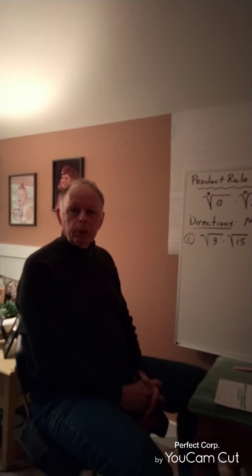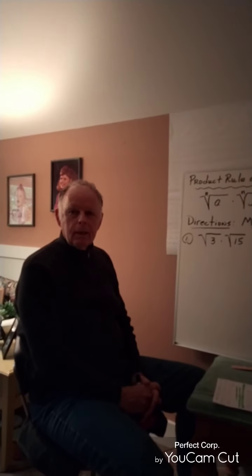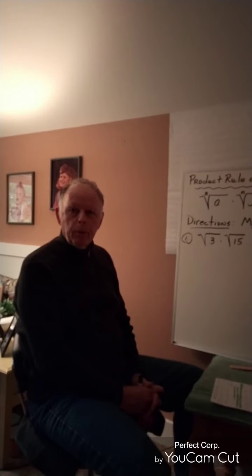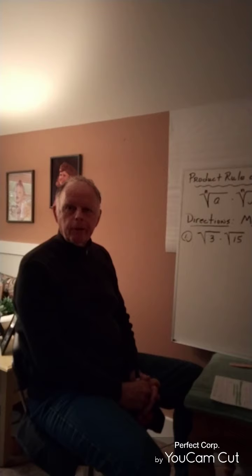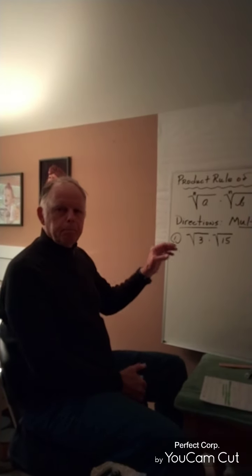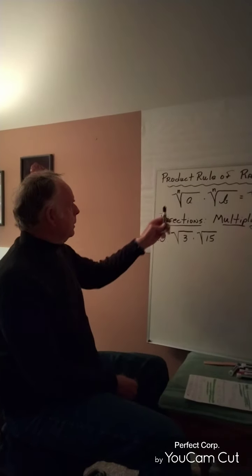Okay, now we're going to put the product rule of radicals together in the sense that oftentimes you have to multiply radicals together first, and then you might have to simplify. So we're going to put both of those facets of the product rule of radicals together.